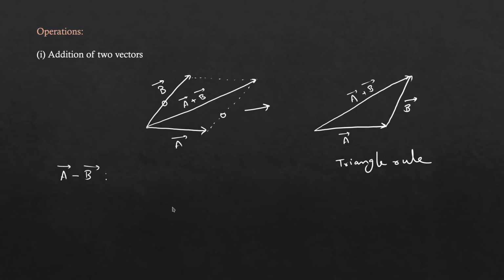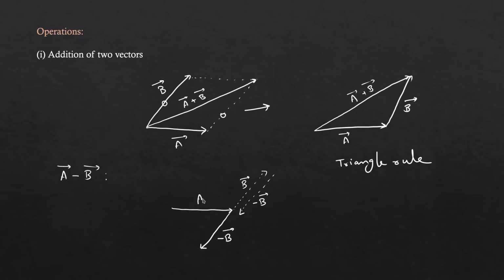We have a vector A here. We had a vector B there. The negative of this vector B will be this vector. If we take this vector and put it here, this will be minus vector B.